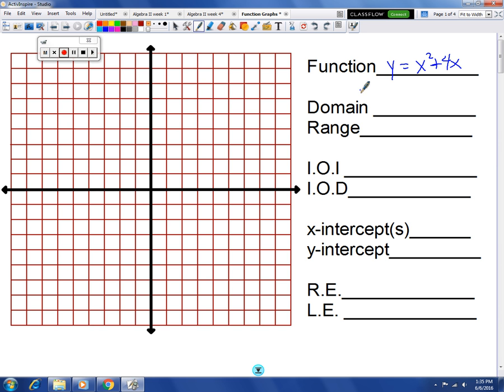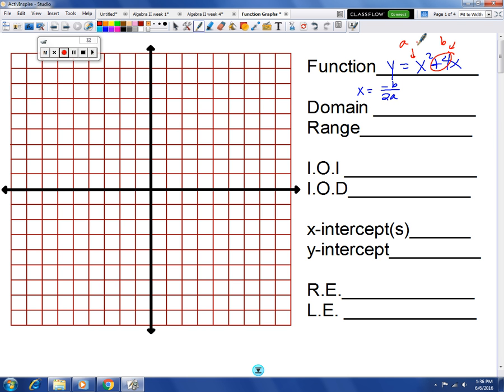Right off the bat, and the formula for that is a very important one to know, the x-coordinate is negative b over 2a. In a quadratic function in descending order, the b is the coefficient in front of the x term, so b is a positive 4, and a is the coefficient in front of the x squared term, which is an understood 1.